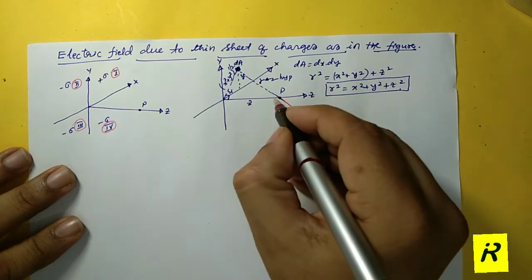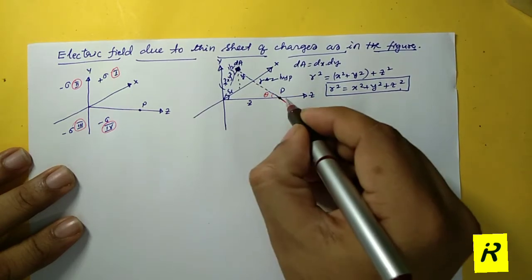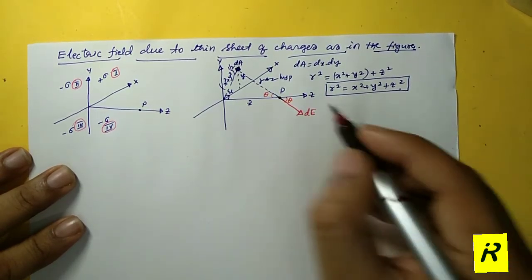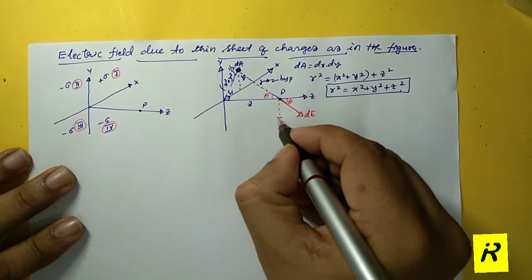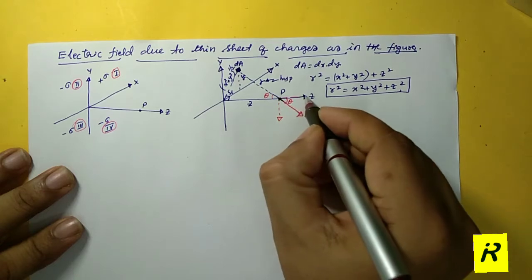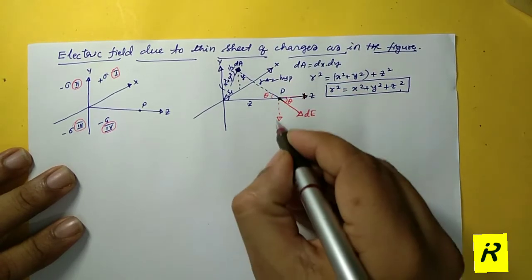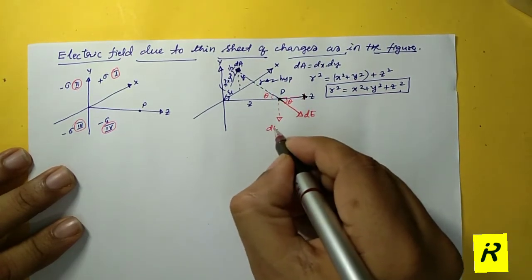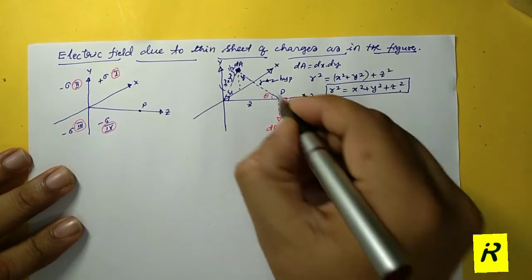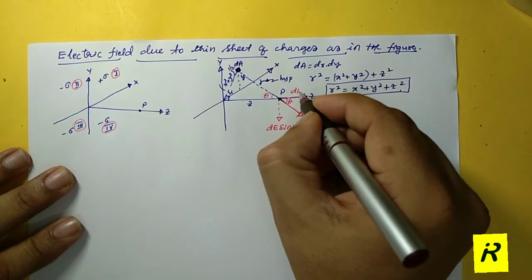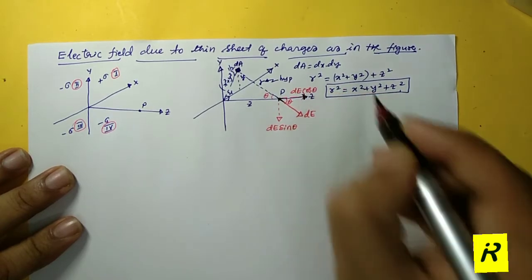If I say this angle is theta and this angle is also theta, then I can split dE into two components, one along the vertical direction and one along the horizontal direction. The vertical component is dE sine theta, and the horizontal component is dE cos theta.